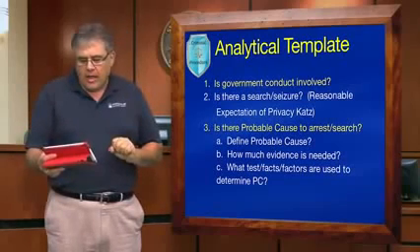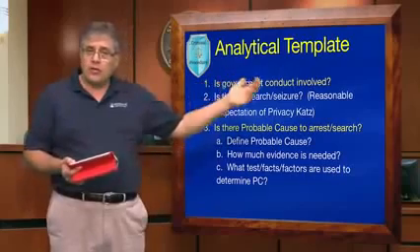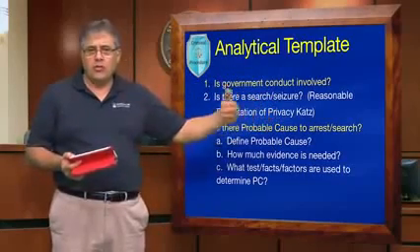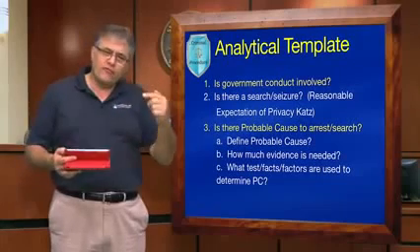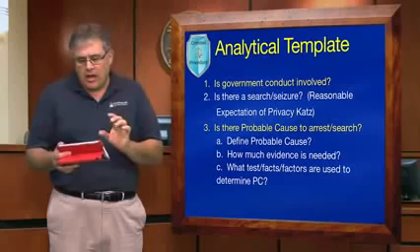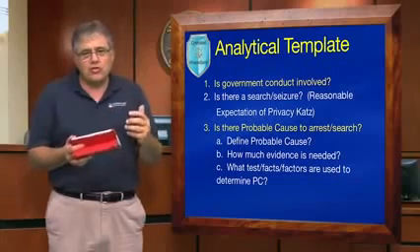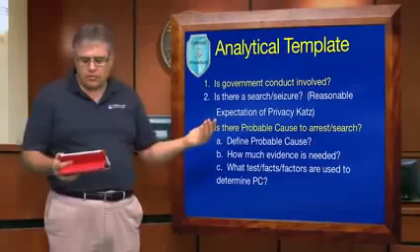And what test or factors do I use for probable cause? Think back to our earlier discussion where we looked at both probable cause to arrest and probable cause to search. These are the first 3 steps in any analysis of a potential Fourth Amendment issue in a criminal context. But they're not the only 3 steps.